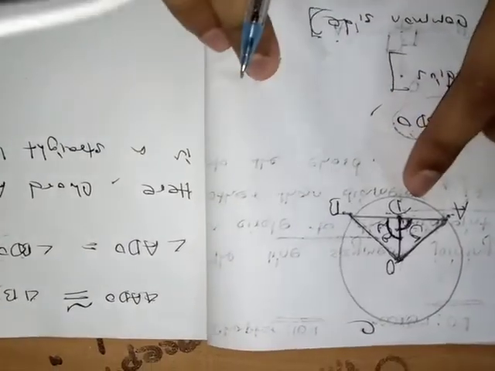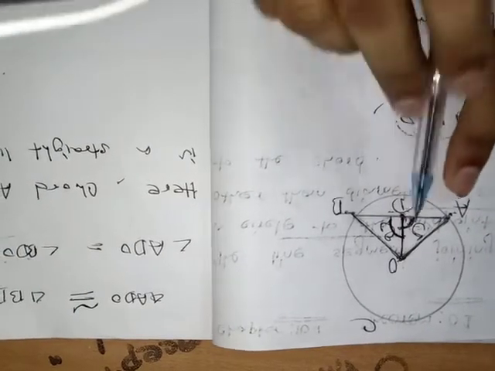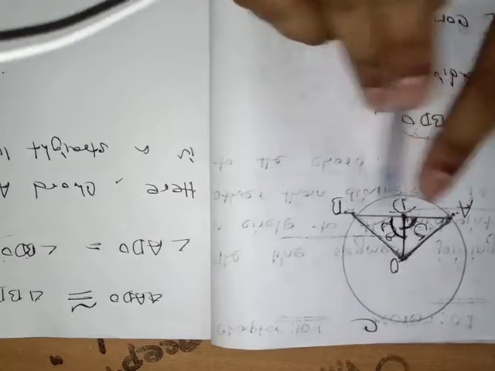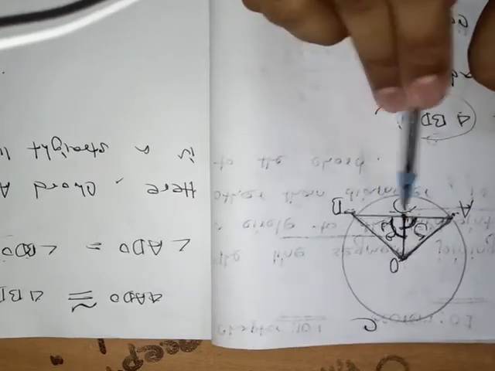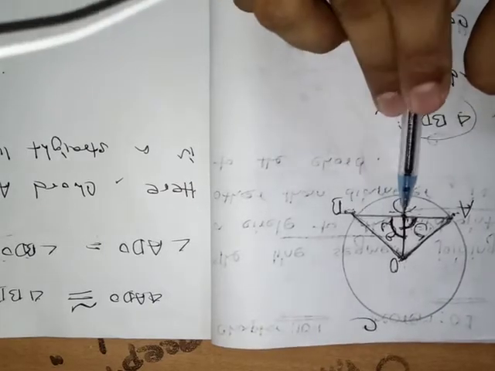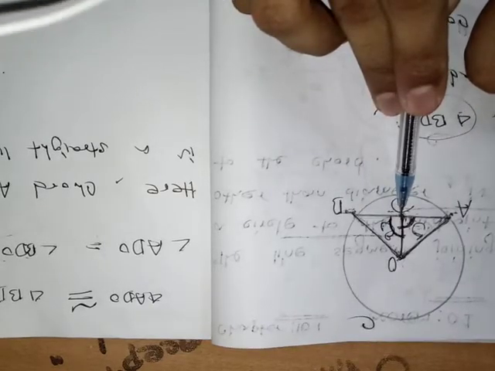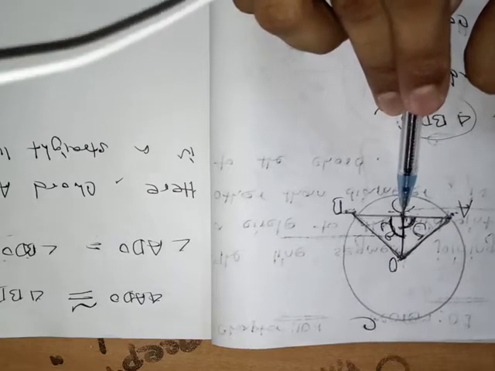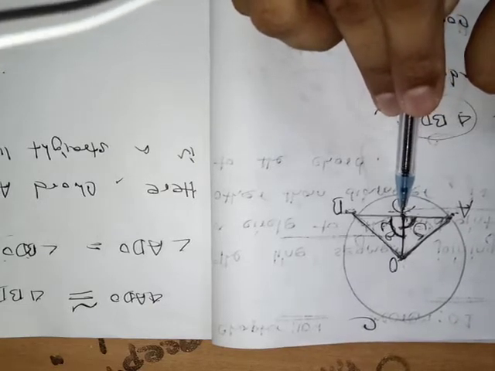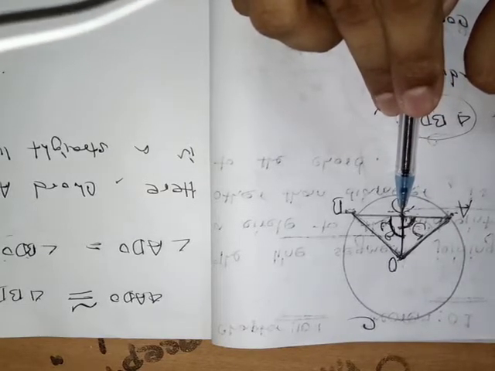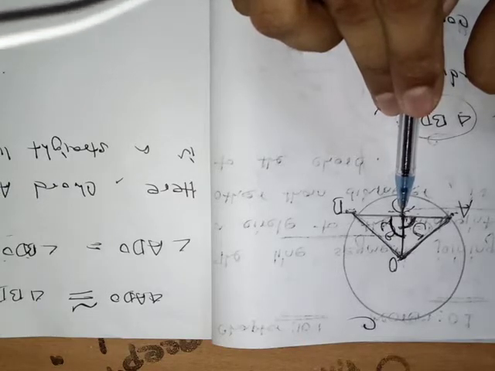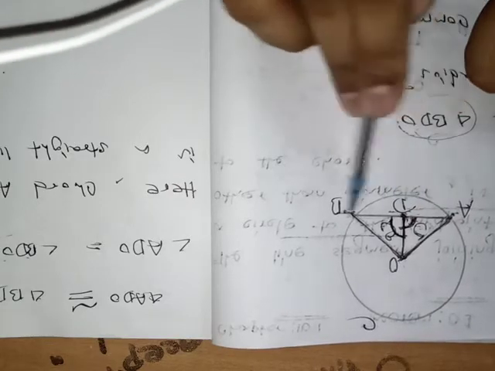Okay, so in our diagram we can see that the chord AB is a straight line, and D is a point on the straight line. AB is a straight line and D is a point on that straight line. So we can say there is an angle of 180 degrees at point D, at that point on that straight line.